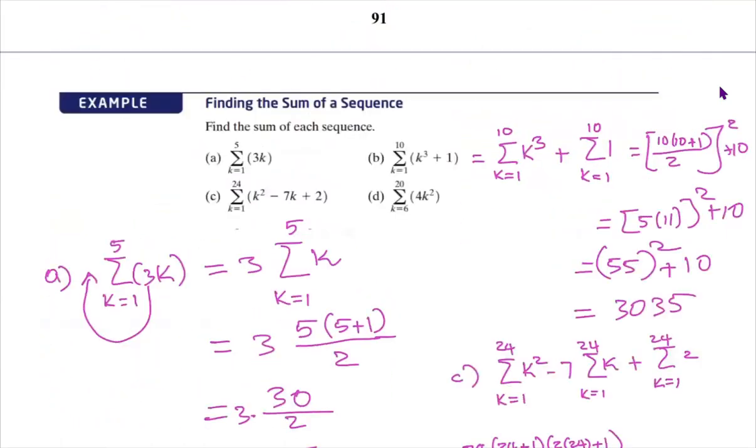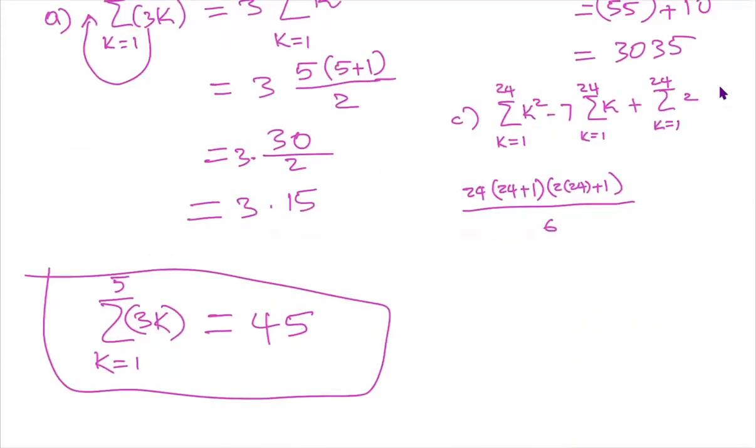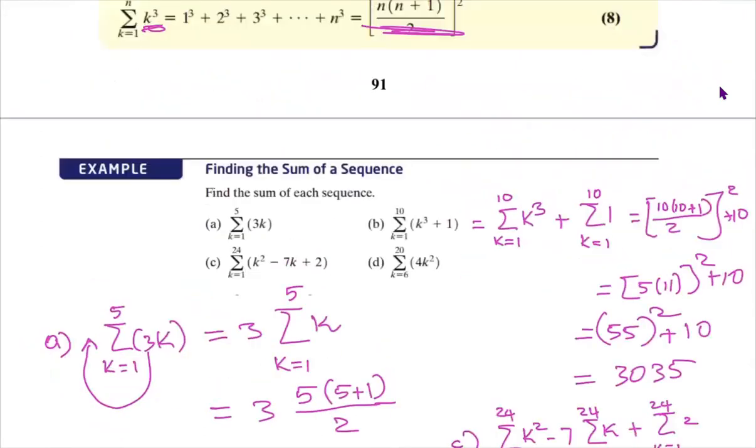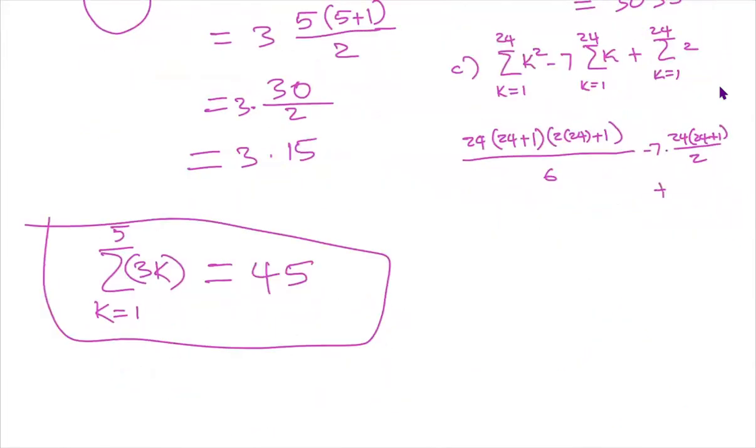The next one is k, so 24 times (24 plus 1) over 2, minus 7 times 24 times (24 plus 1) over 2. And the last one is plus 2 times 24, because when it's a constant, you just multiply the constant by n.